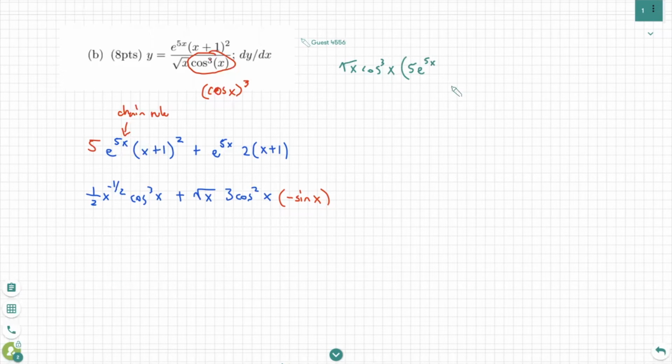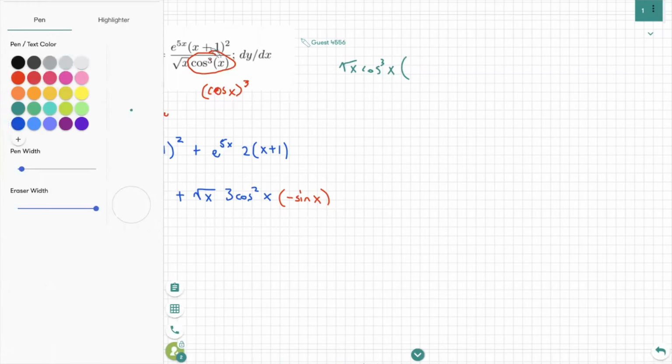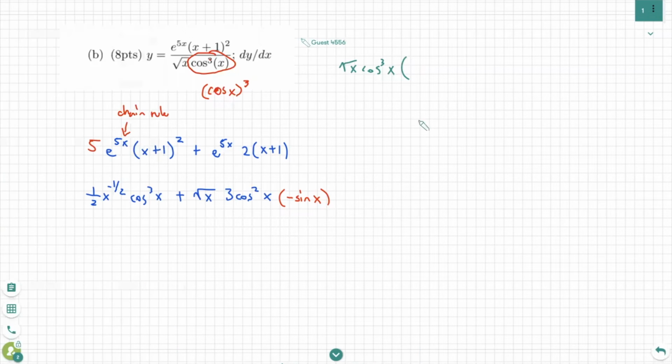Wait, could you explain why that's 5e to the 5x instead of 5e to the x? Yeah, because remember, you can think about it as the outside function is e to the something, and the inside function is 5x.